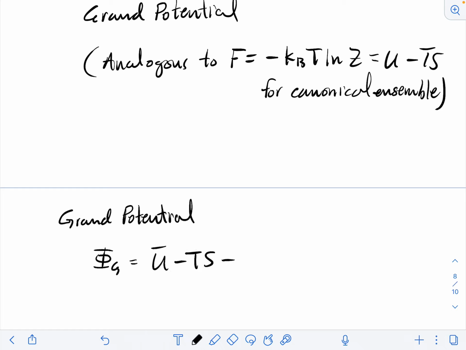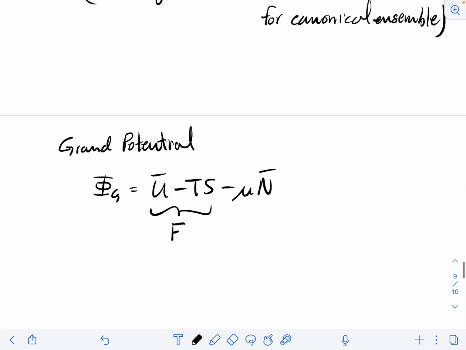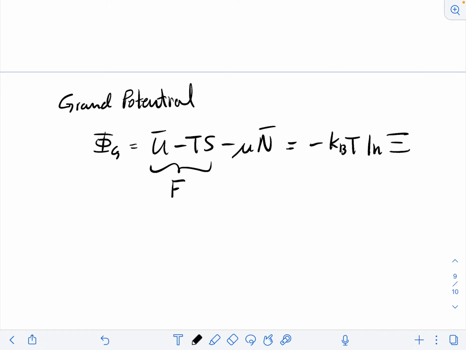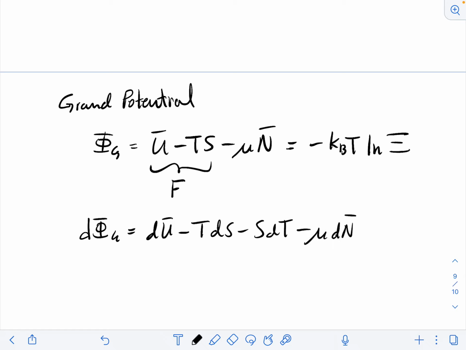And so this is the Helmholtz free energy part, and so that's minus kB T ln of the grand partition function. Okay, so if we take a differential, that's going to be dU bar minus T dS minus S dT minus mu dN minus N d mu.